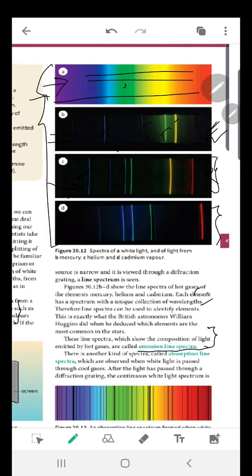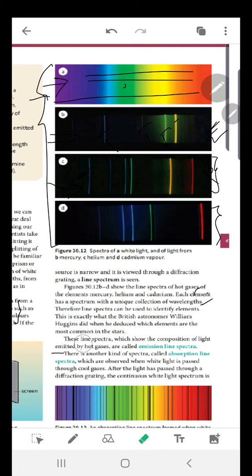The spectra released or emitted by any hot gas, the colors or wavelengths which a single element releases, that is what your emission line spectra is.